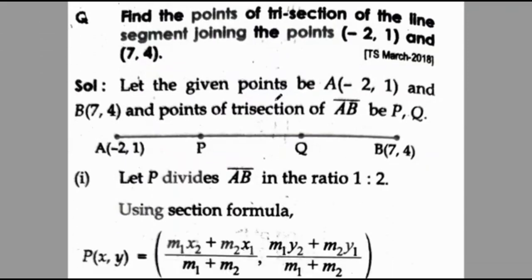These are all important questions, students. Trisection is a definite, guaranteed question for the upcoming board exam. Don't go to the exam hall without preparing this question. We represent the given two points as x1 y1, x2 y2. Trisection means the section formula, but we have to use it two times. One is with 1:2, representing 1:2 as m1 m2, with the given points x1 y1, x2 y2.